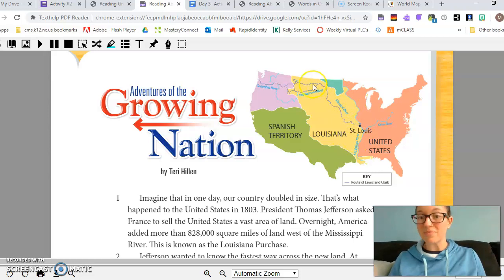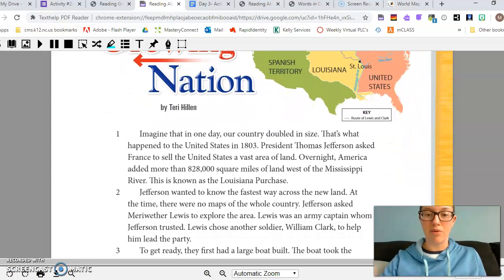Once President Jefferson bought this land, he needed some people to go explore it and see what was out there. So that's where we're going to pick up and read our story and find out about President Thomas Jefferson, the Louisiana Purchase, and who went and explored this land. You can follow along with me while we read.